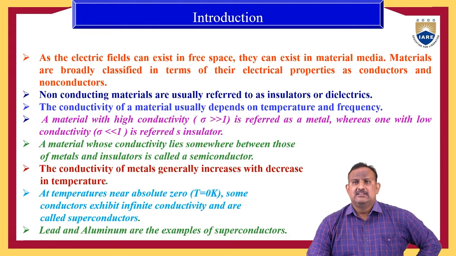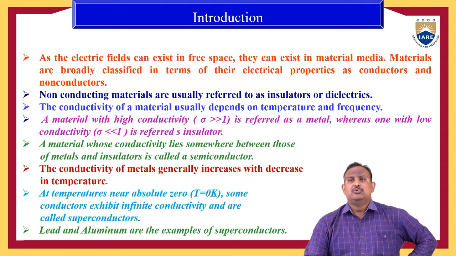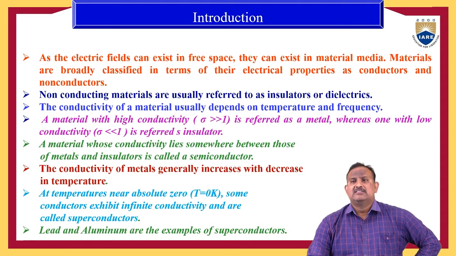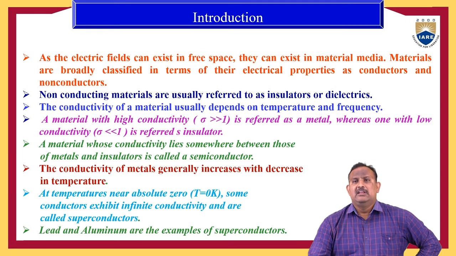So for conductors, sigma is much greater than 1, and for insulators, sigma is much less than 1. A material whose conductivity lies between those of conductors and insulators is known as a semiconductor material.